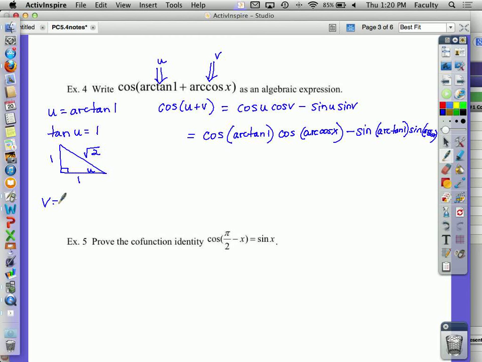And then if v equals arc cosine x, this means the cosine of v is x. So we'll put a v here, and cosine is x. Cosine, SOHCAHTOA, is adjacent over hypotenuse, so this is x over 1. By the Pythagorean theorem, that's the square root of 1 minus x squared.